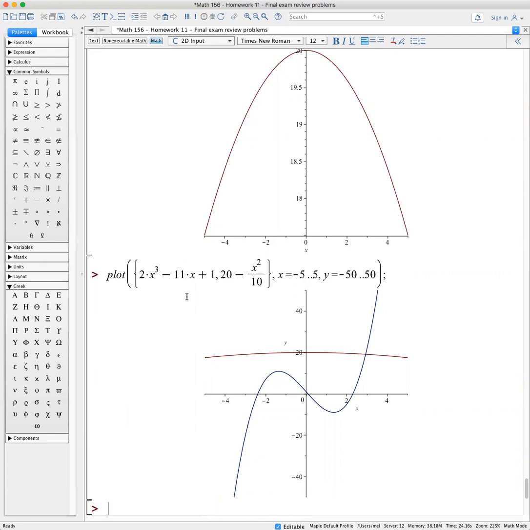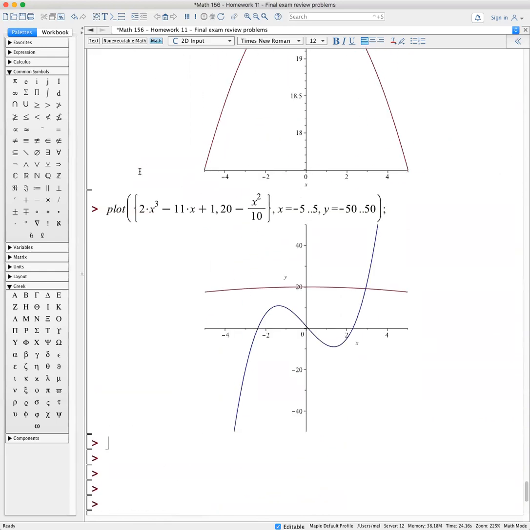So what is the value of x where these two curves meet? I mean, I could try to do it graphically. So maybe graph it just x going from, let's say, 2.5 to 3.5.